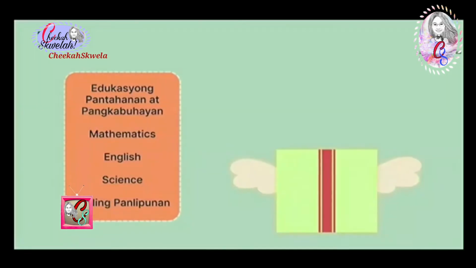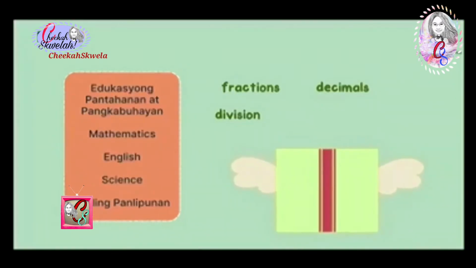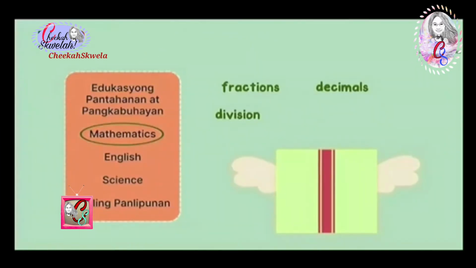How about the topics fractions, decimals, and divisions? What subject am I looking for? Can you help me? I think these topics can be found in the mathematics subject. Fractions, decimals, and divisions can be learned in mathematics.